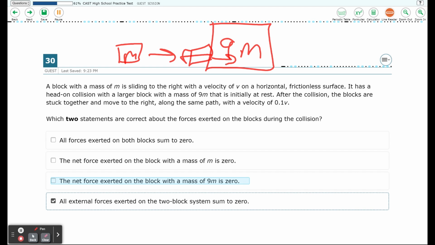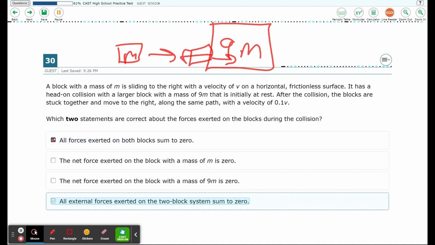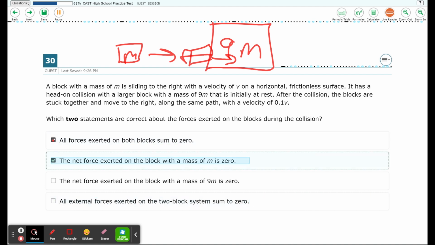And so therefore, all forces exerted on the blocks sum to zero because there's only two forces, the m pushing on the 9m and the 9m pushing on the m. And so if those are equal and opposite, then all the forces sum to zero. The net force exerted on the block with mass m is zero?